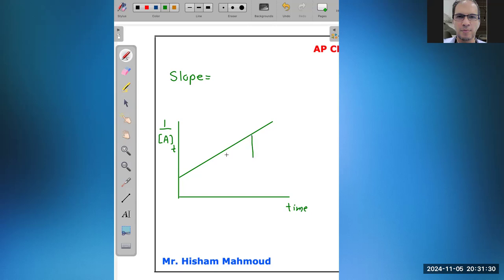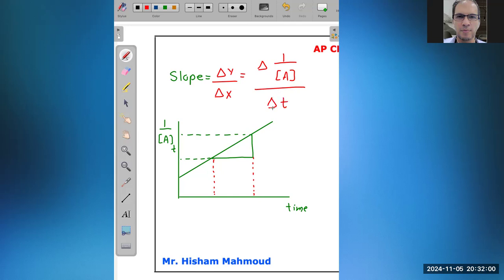Take the change in y, what it was and what it became, and take the change in time, what it was and what it became. So slope equals change in y over change in x. What is the y, Mister? The change in y is the change in 1 over the concentration, not the concentration, over the change in time.